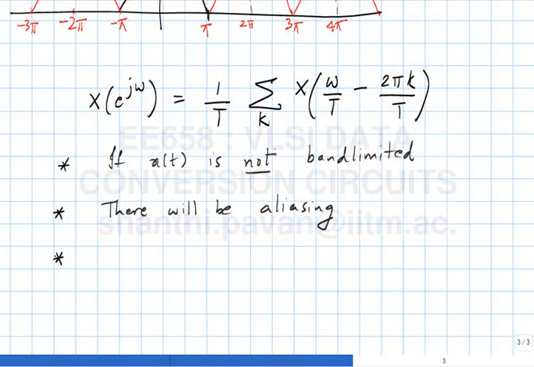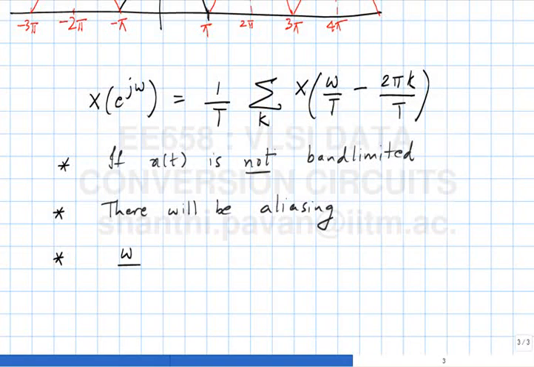Aliasing is basically many continuous time frequencies all masquerading as the same discrete time frequency. So the question is, is there any specific relationship between these many frequencies in the continuous time domain which all map to the same discrete time frequency? So how will you figure that out?